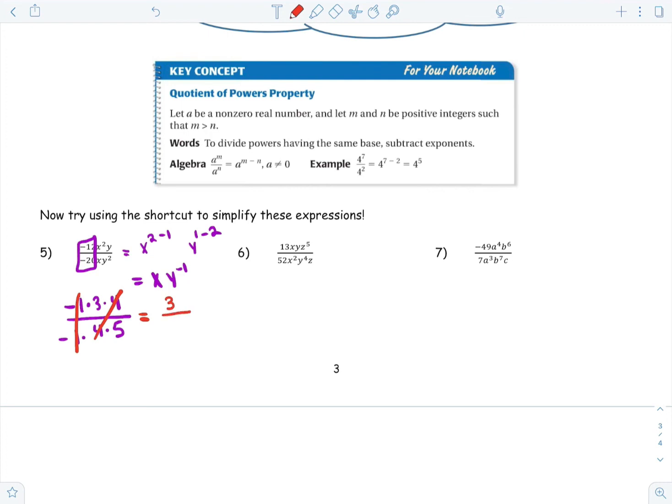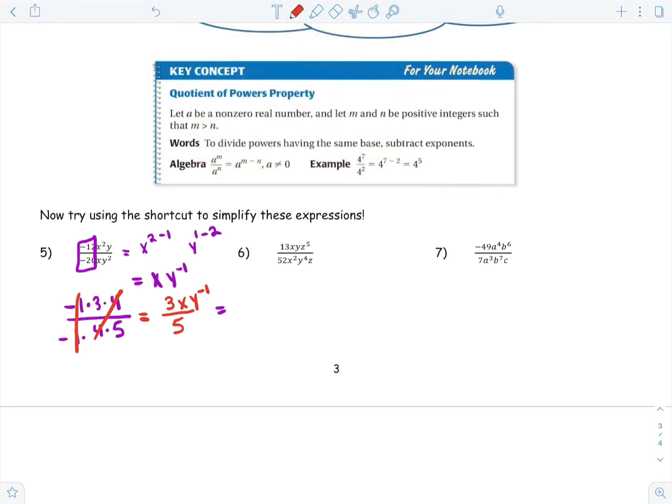So let's combine our number simplification with our letters. So we have 3 over 5 x y to the negative 1. Now this y to the negative 1, we haven't really talked about it yet, but we can just move this to the denominator. Whenever we have a negative exponent, we're going to move it to the denominator.